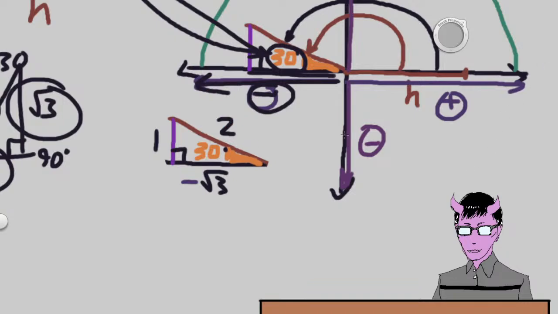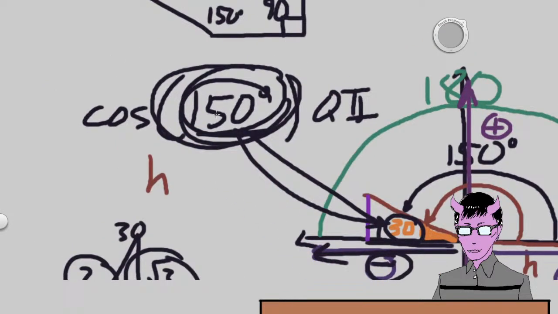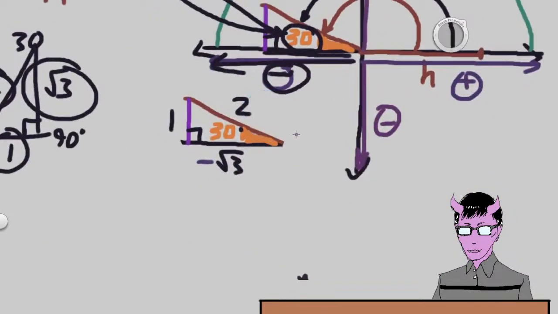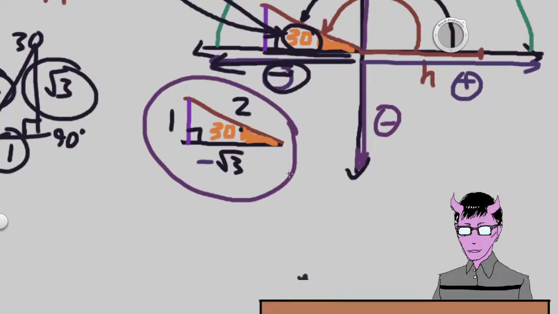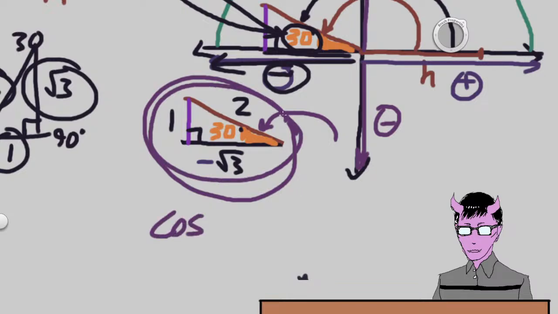Let's take a quick pause to take a quick breather. What are we answering? What's cosine of 150? So we're looking at this triangle as a proxy for 150, which is right there. So what is cosine of this triangle? Again, we're focusing right here on this 30.